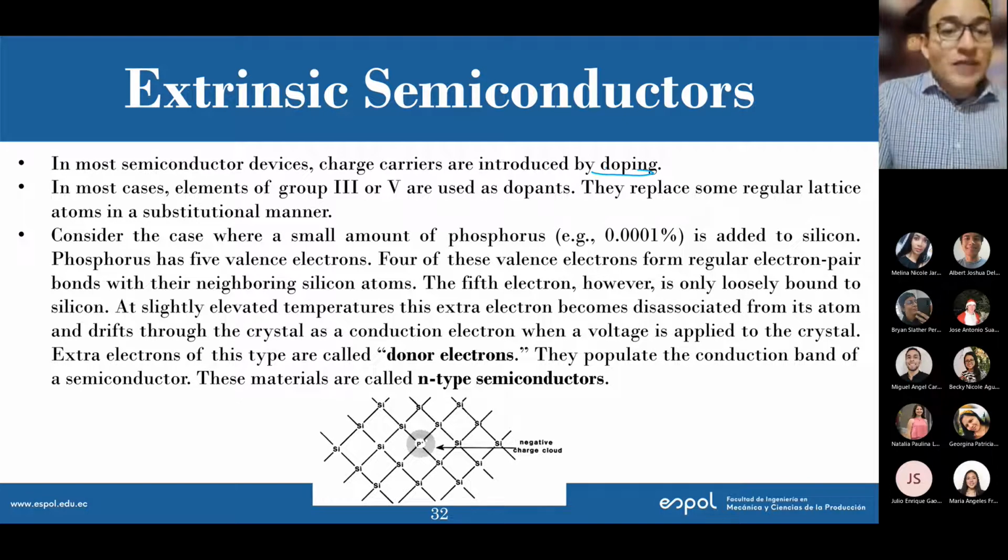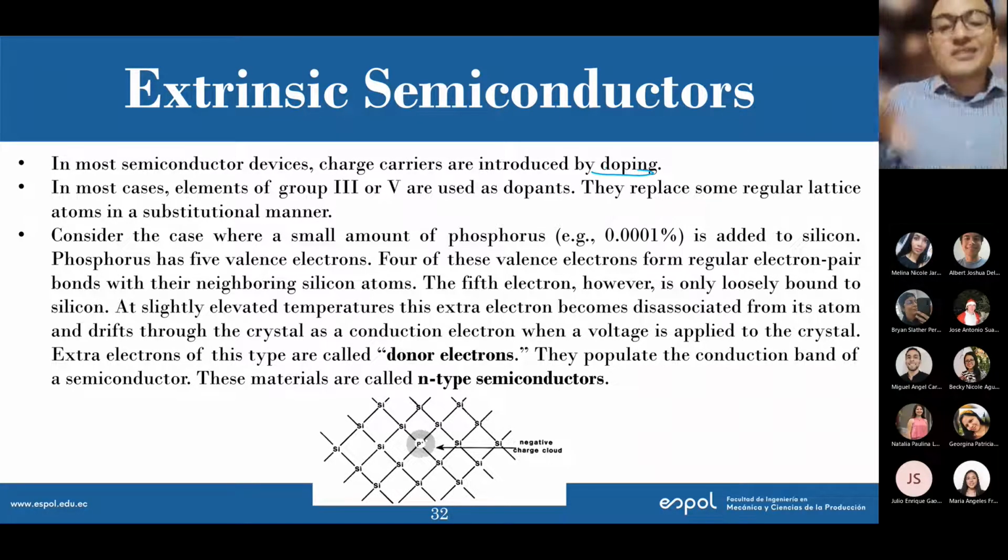So if I'm putting a material that will give me an electron that will be able to fly free through the crystal, well, that is a donor electron. And therefore, these materials are called N-type semiconductors, because I'm adding a negative charge.